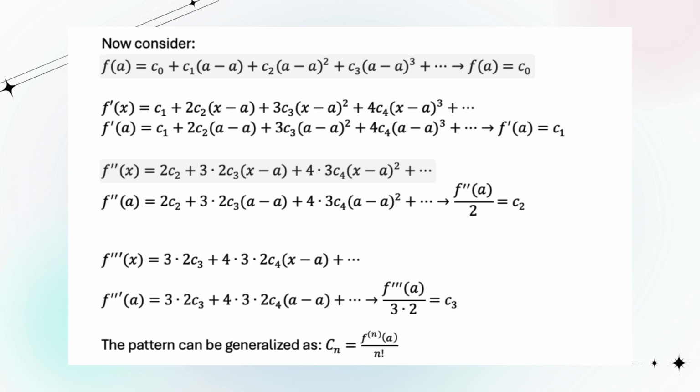For the third derivative, a similar pattern appears, and we find that f triple prime of a divided by 3 times 2 equals c3. The pattern can be generalized as c sub n equals the nth derivative of f at a divided by n factorial.